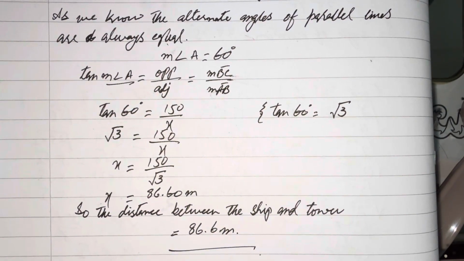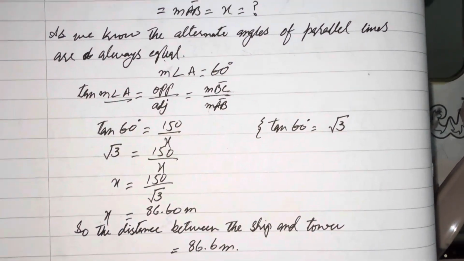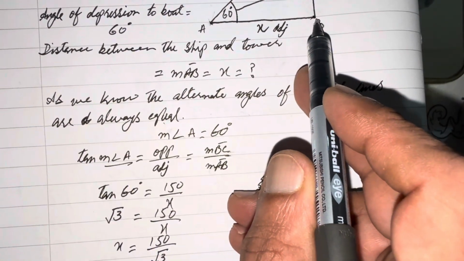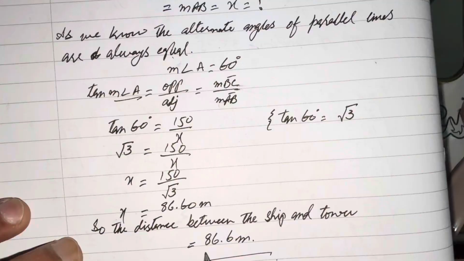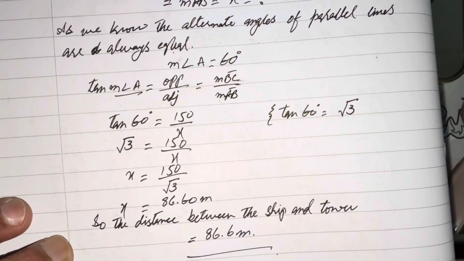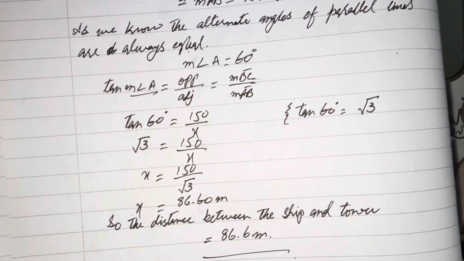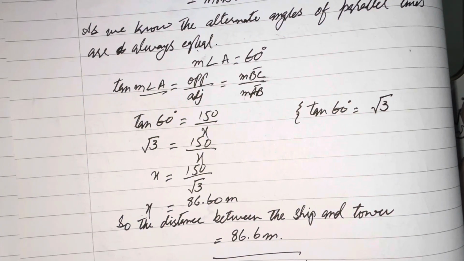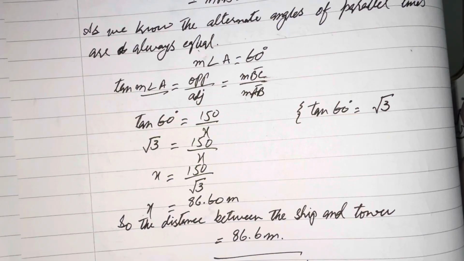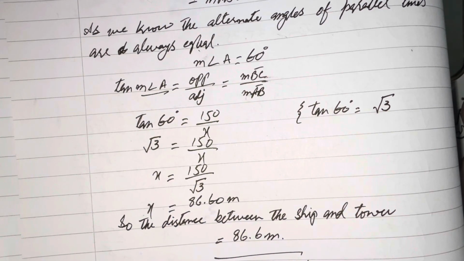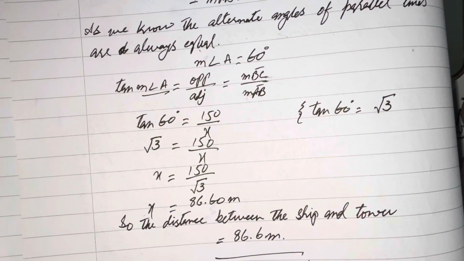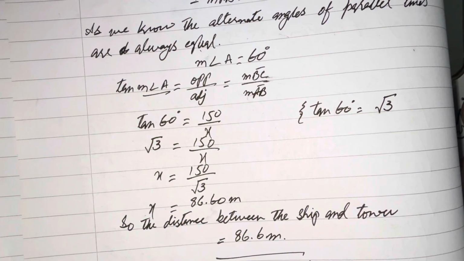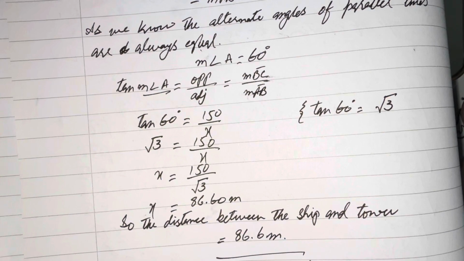That's the value of x, which is the distance between the ship and the tower, as we have found: 86.6 meters. So hopefully you will understand how we can find different kinds of lengths, such as the distance of the ship and the tower, by using the trigonometric ratios.